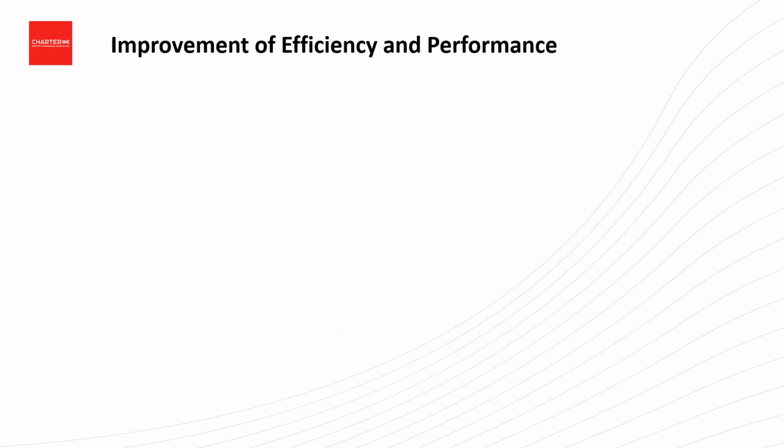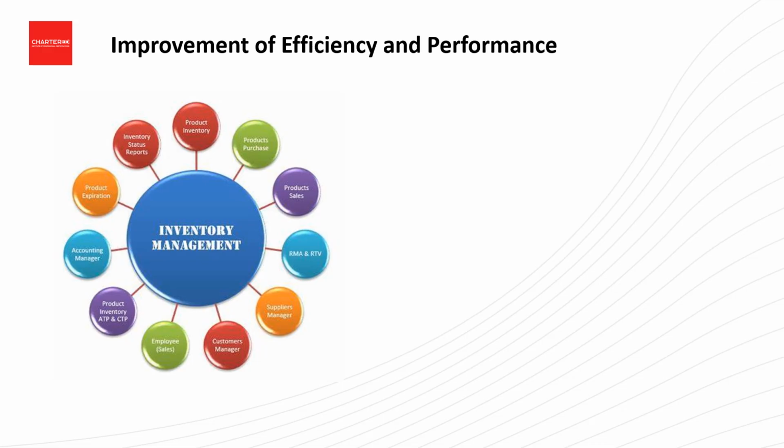Now, inventory management and production schedules are two critical aspects of supply chain management, and supply chain mapping plays a crucial role in optimizing both. Effective inventory management is all about having the right amount of inventory at the right place at the right time. Supply chain mapping provides a visual representation of the entire inventory flow, from raw materials to finished goods.